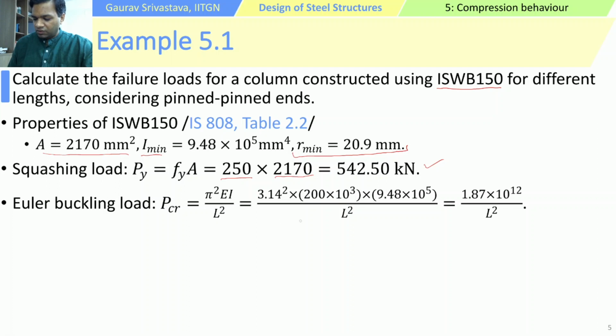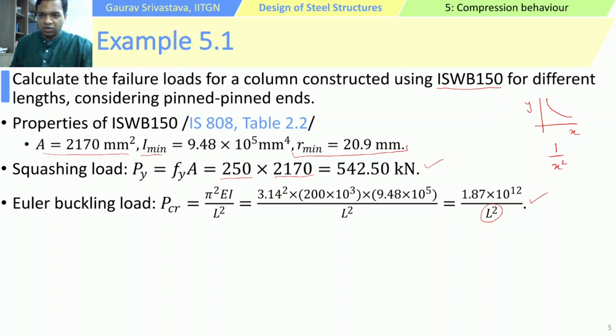Okay. So when we calculate this in terms of, let's say, L squared, because L is a variable. We want to see how the critical buckling load changes with respect to length. Now, what we can already expect is that this is a behavior of 1 over x squared in terms of graph, right? So if we plot y and x, we would expect that the buckling load is going to vary like that because we are trying to plot it as a function of L, right?